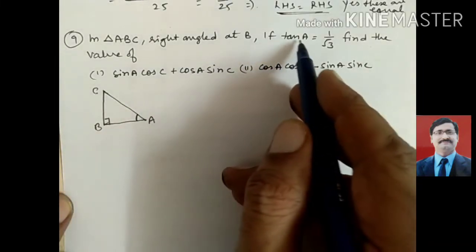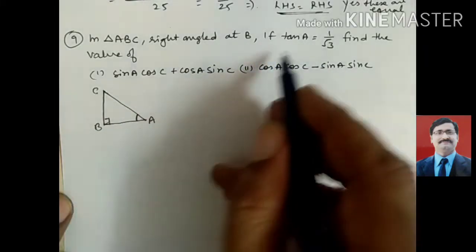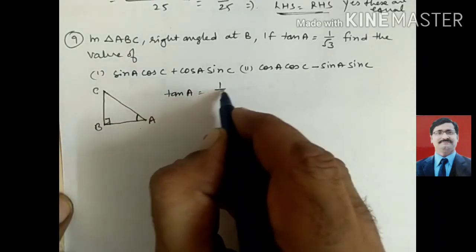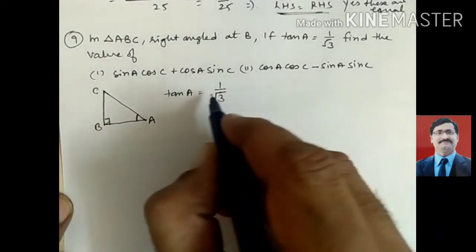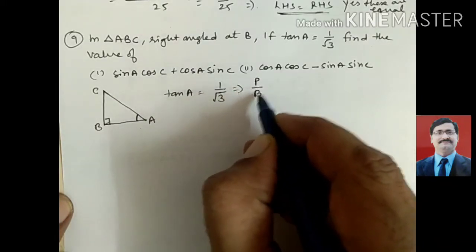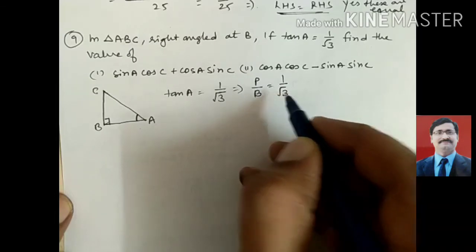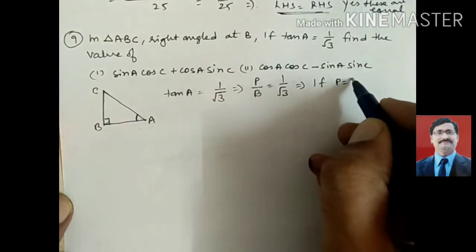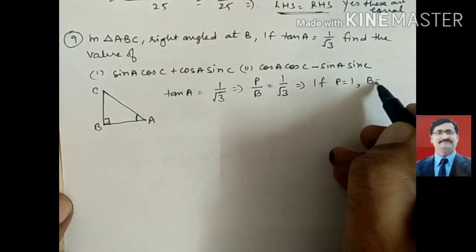First of all you will take angle A. It is given that tan A equals 1 upon root 3. Tan is perpendicular upon base, which is 1 upon root 3. This implies that if perpendicular is 1, then base is root 3.